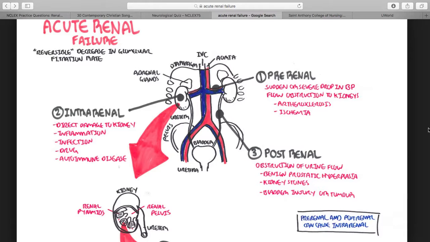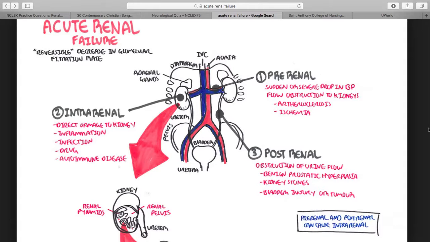Treatment for this area. You're going to need to avoid those nephrotoxic drugs.